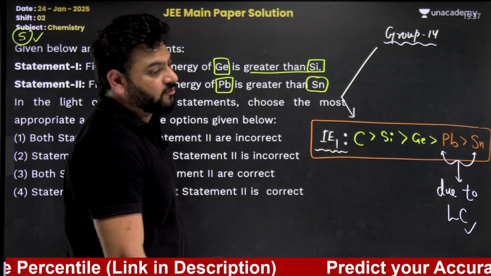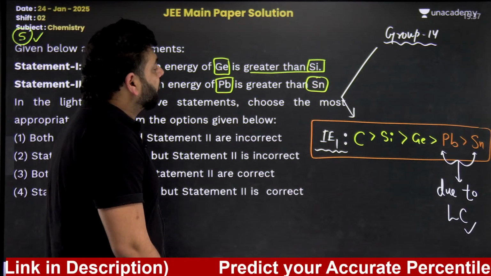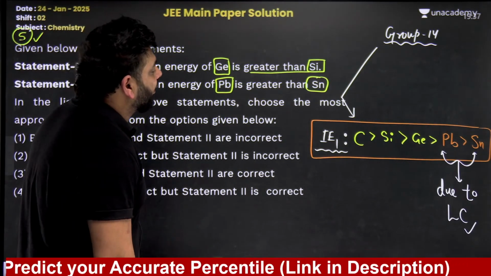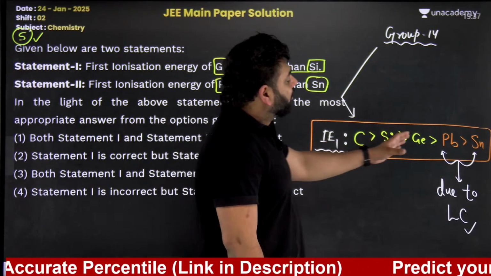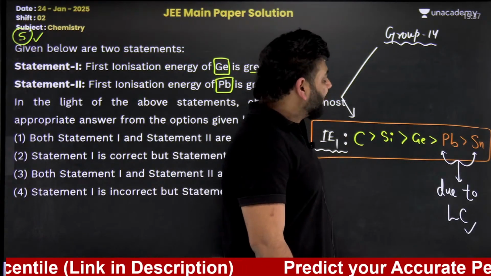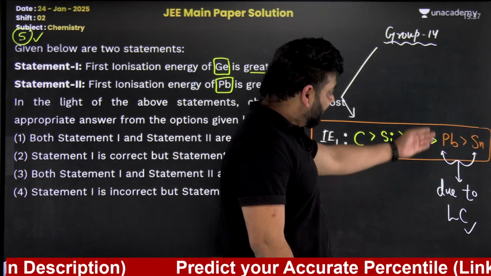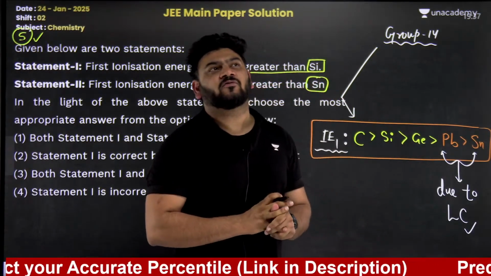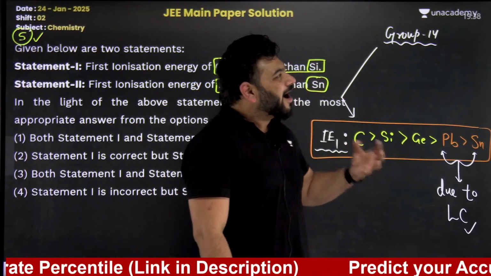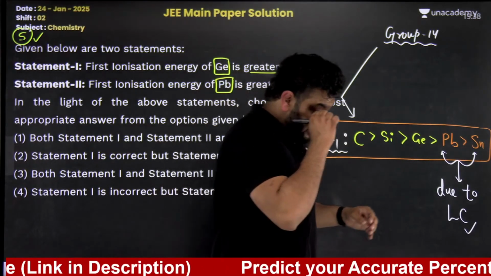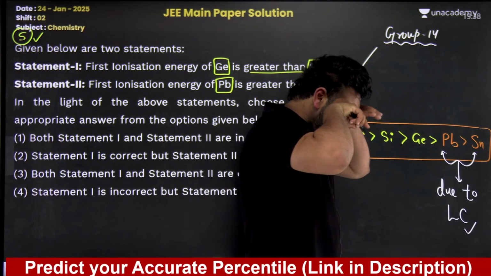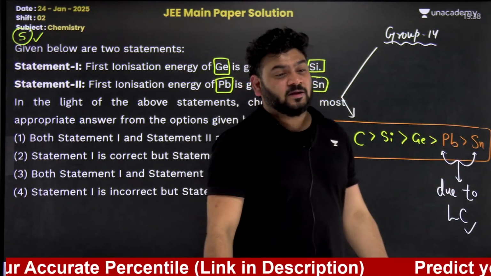Because of the lanthanide contraction, the first ionization enthalpy changes at the end, for lead and tin, that is the change we see. In lead, we have the 4f series just arrived, and 4f14 makes a higher Z effective and increases its ionization enthalpy by a small margin, making it even more than tin. So that's how it works.